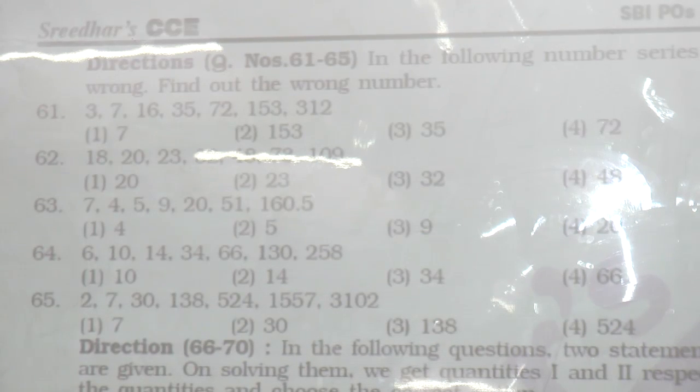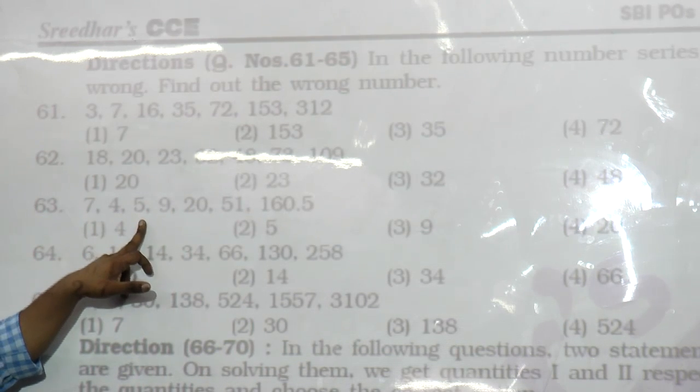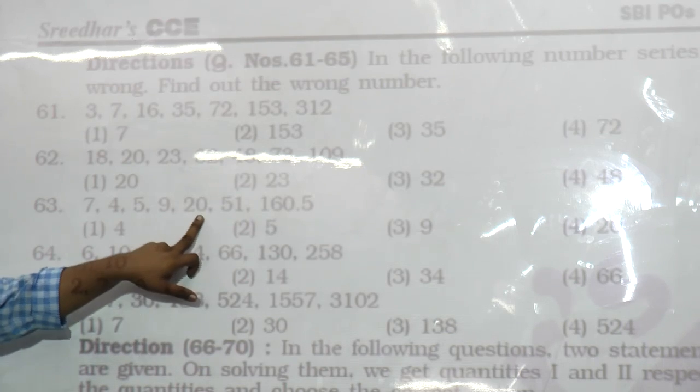I think yesterday we have covered this question. Same model. Into half plus half. Into 1 plus 1. Into 1 and a half plus 1 and a half. Into 2 plus 2.